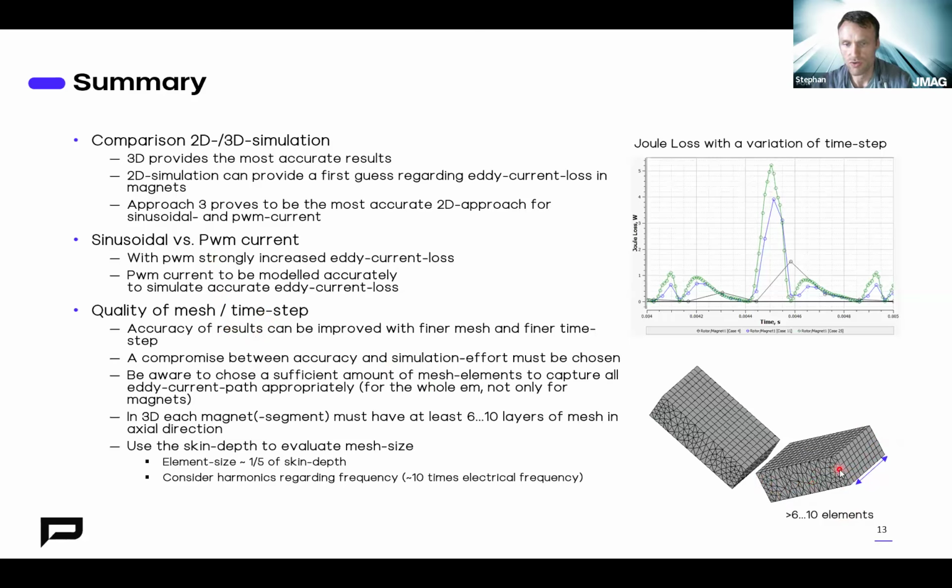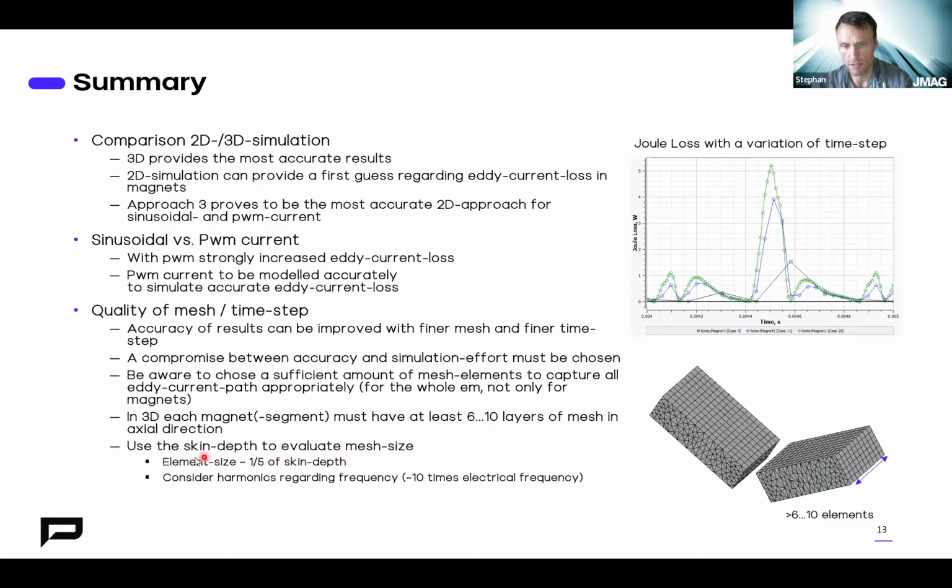To assess a good size of the mesh elements, you can also use the skin depth. If you consider 1/5 of the skin depth and PWM harmonics, you can end up with very small elements in the magnet.